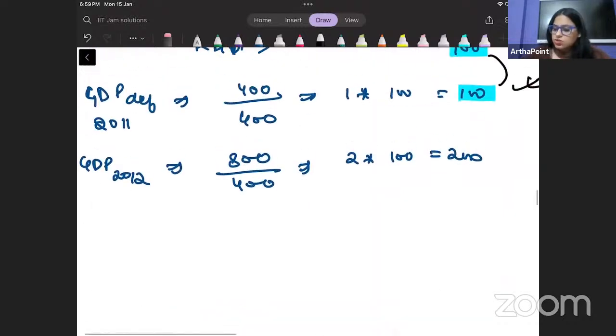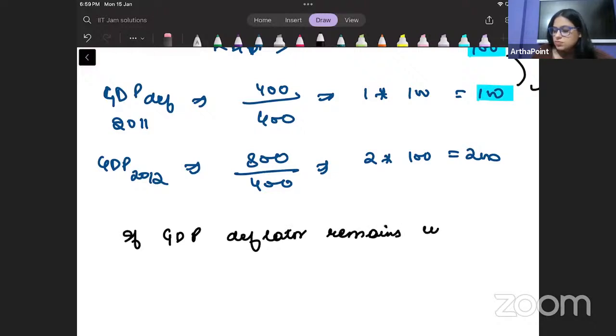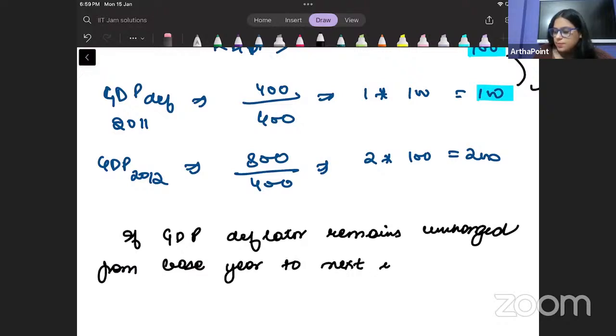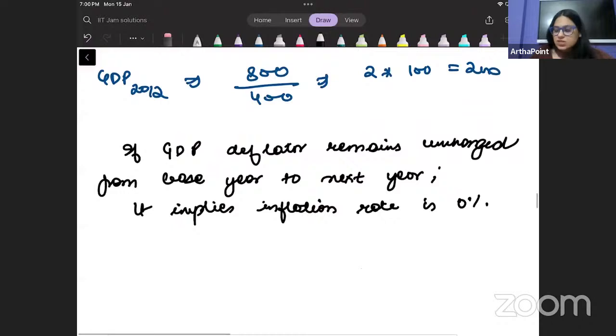Okay, yes, beta. You can just note this down: if the GDP deflator remains unchanged from base year to next year, it implies inflation rate is 0%. Vice versa is also true.